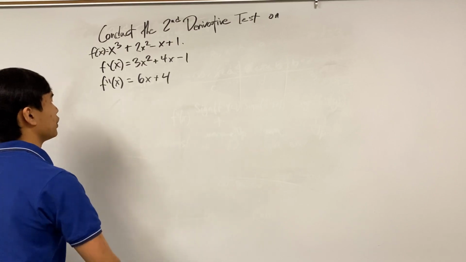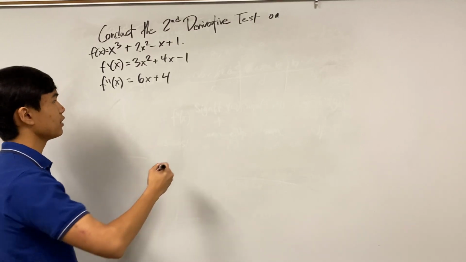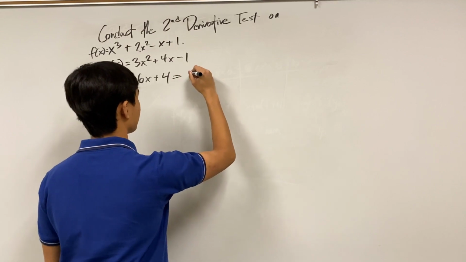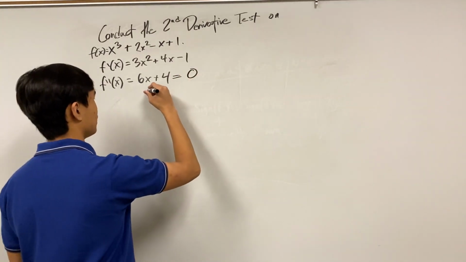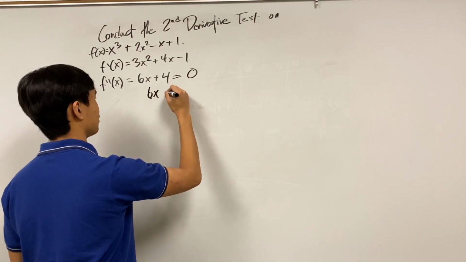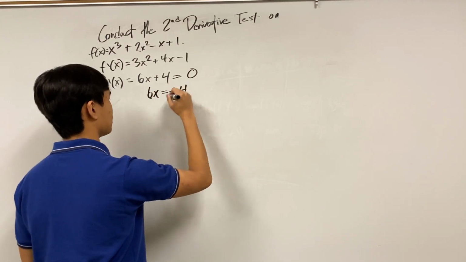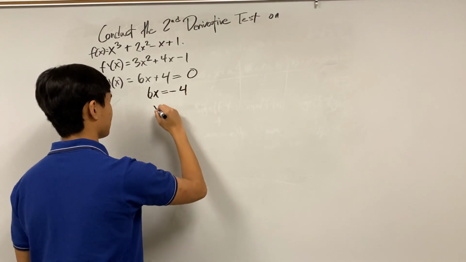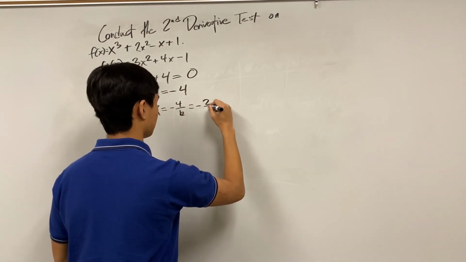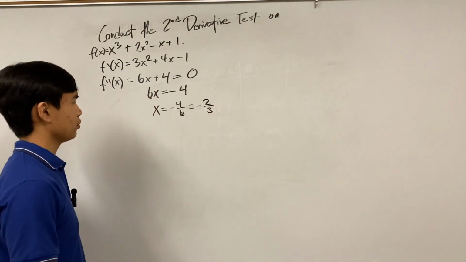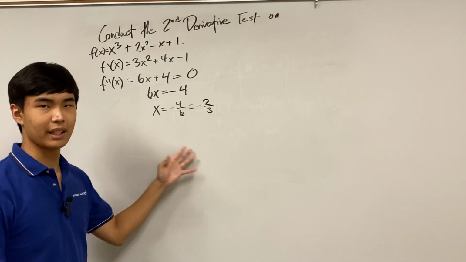So we're good on that. So now, just like how I found critical values, we're going to set this equal to 0 and solve for x. I'm going to subtract 4 from both sides and divide by 6. All right, so we have a point of inflection at x equals negative 2/3.